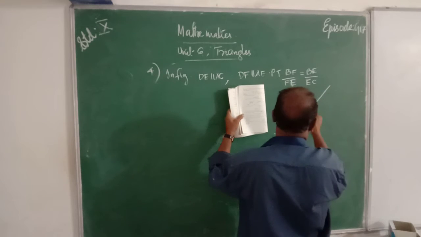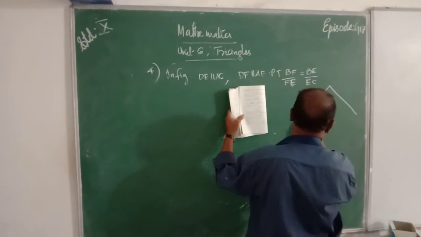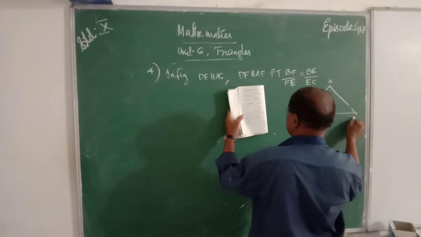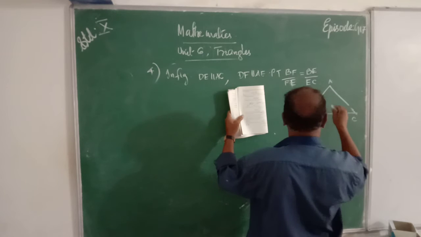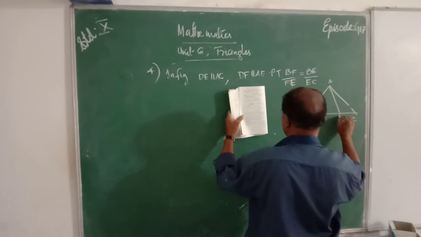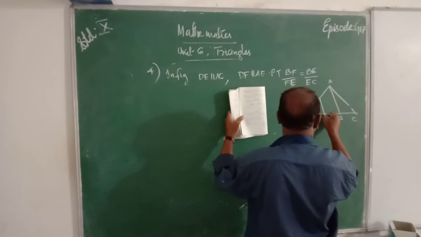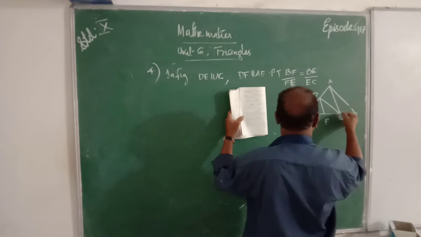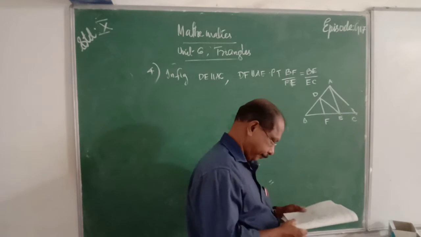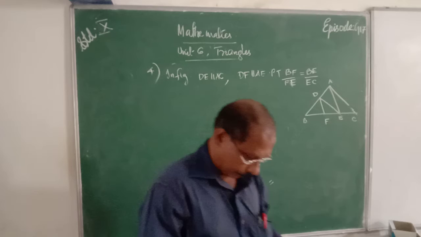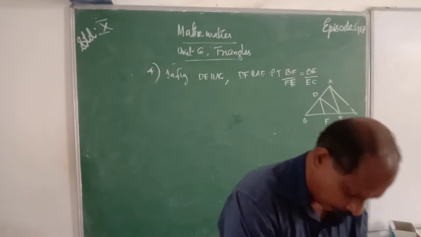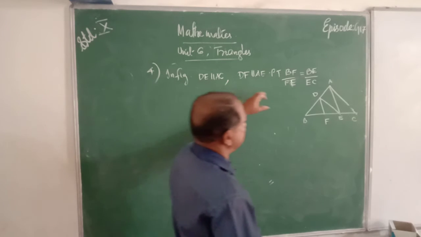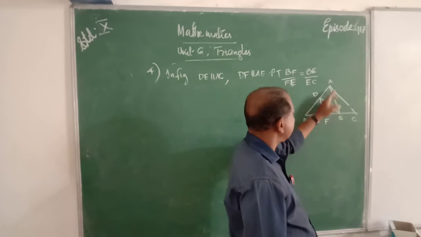That figure: A, B, C, D, E, F. This is the figure. From this figure, DE is parallel to AC.